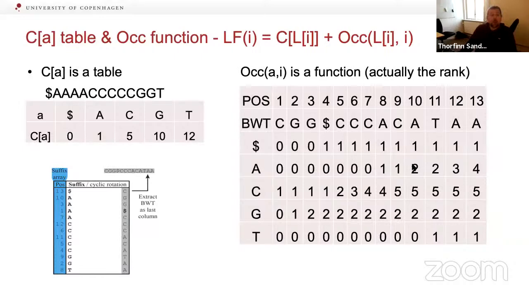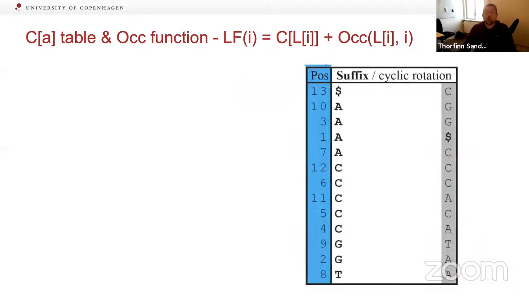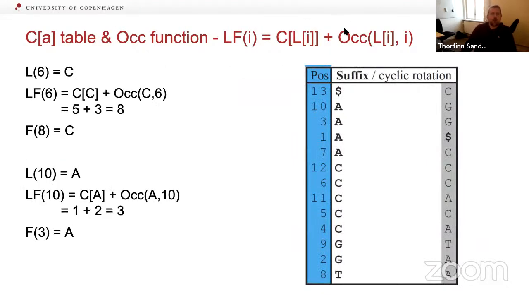So what the C table does here is that it tells you which block you should be interested in, and the occurrence function tells you the offset within the block itself. Okay, so you only need these two things to do this, and then we don't need to store the entire first column. Good, so let's do a short example of this. We're looking at the last column.